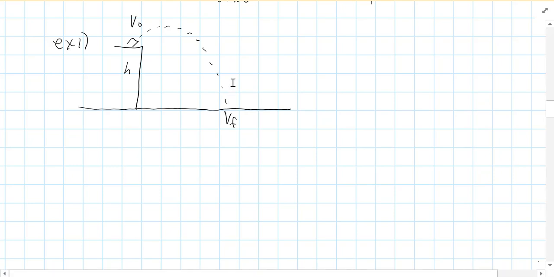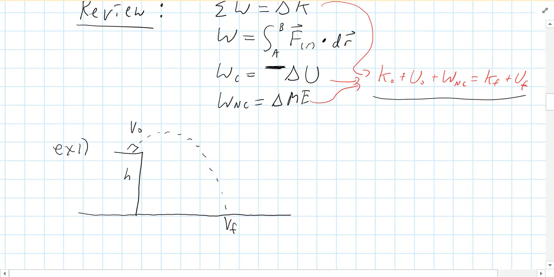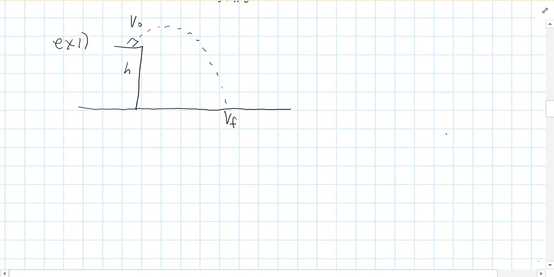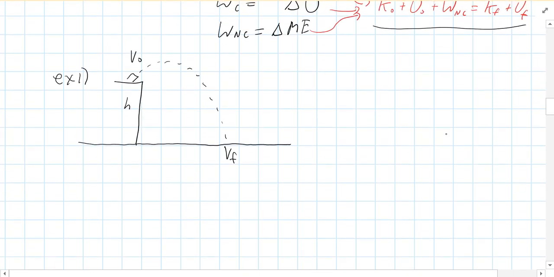Now, if you were going to treat this as a projectile problem, I'd have to give you this angle up here. There'd be no way to do this. But it turns out that we can use conservation of energy to figure out at least what the impact speed of the cannonball is. When you use conservation of energy in this equation up here, there's a naught and there's a final, so you've got to establish where you want your beginning and end position.